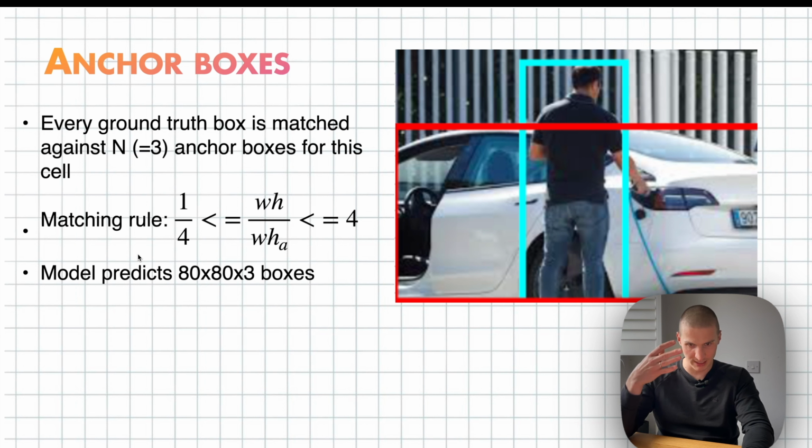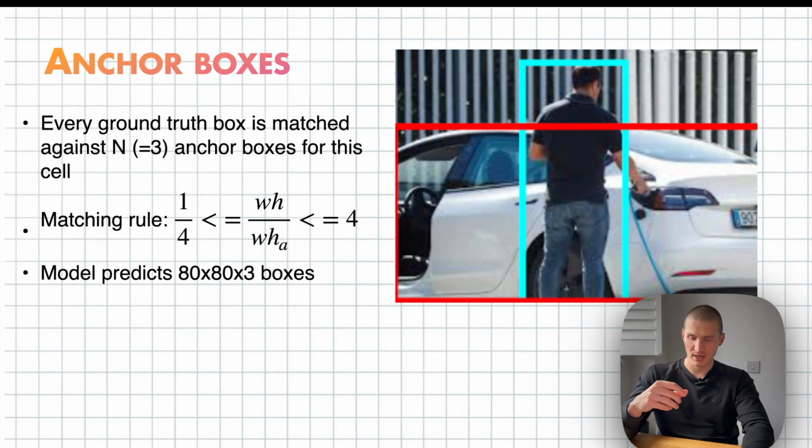And so the model will predict 80 by 80 by 3 boxes. So for every grid cell in an image, it will additionally predict 3 predictions for different anchors. So the way that helps is twofold. First of all, we now have this notion of having several different objects in the same grid cell.